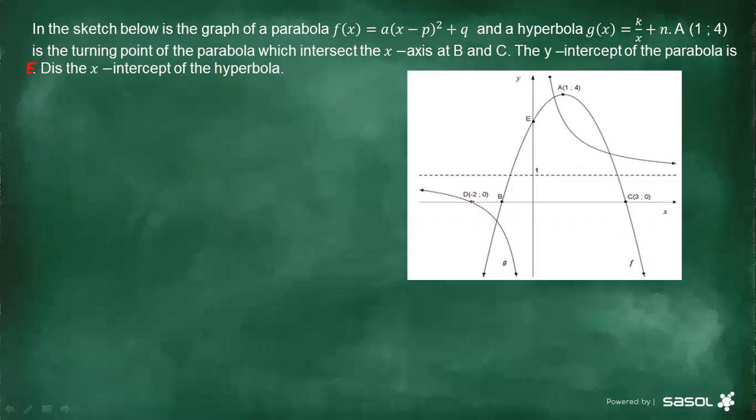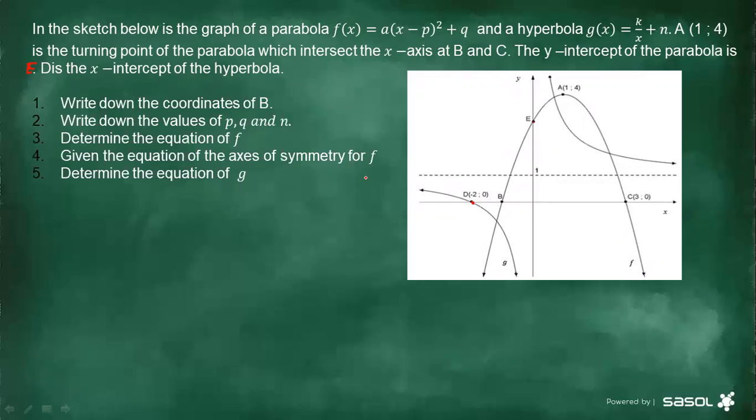You can see D is there. That is the graph that we are having. You can see we have a parabola graph and a hyperbola graph.